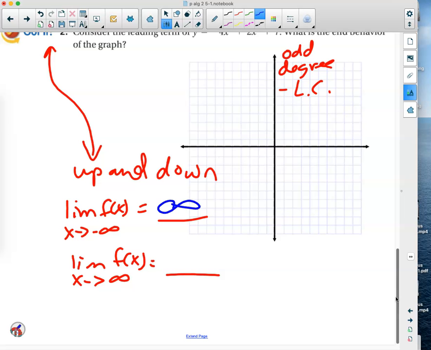As we go to the right forever, the graph is going down, and that's where x approaches infinity. So that would be a negative infinity. So again, in a normal year, we would have you doing this limit notation in Algebra 2. But this year, because things are not normal, we're definitely going to stick with up and down.